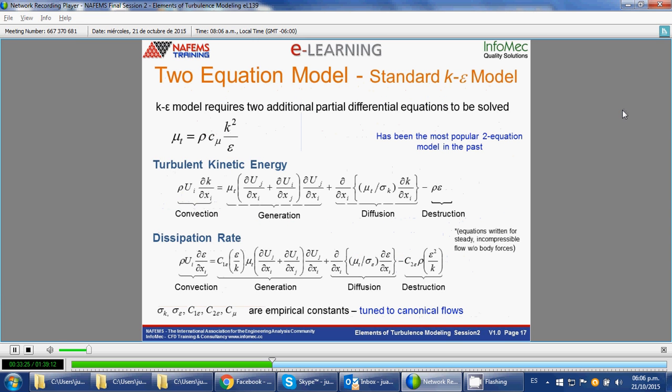So we'll come up with one partial differential equation for K and one partial differential equation for epsilon. And each one of them will have the convection term, generation term, diffusion term, and destructive term associated with them. One thing you need to pay attention to is that in these equations you'll come up with these parameters.